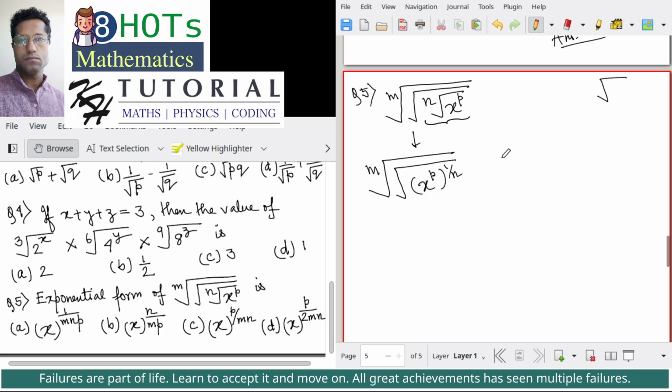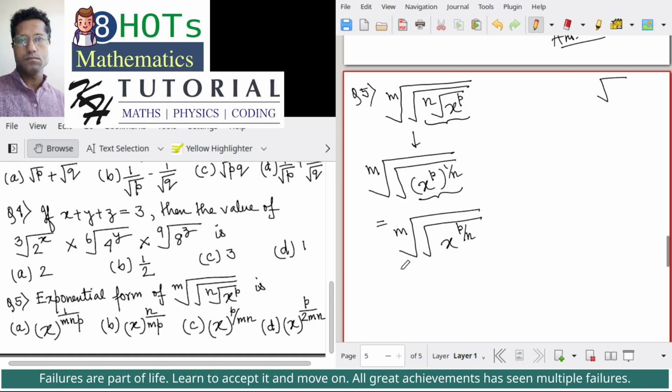Now, applying the laws of exponents, inside the square root it will be x to the power p by n, because the power p and the power 1 by n will get multiplied.